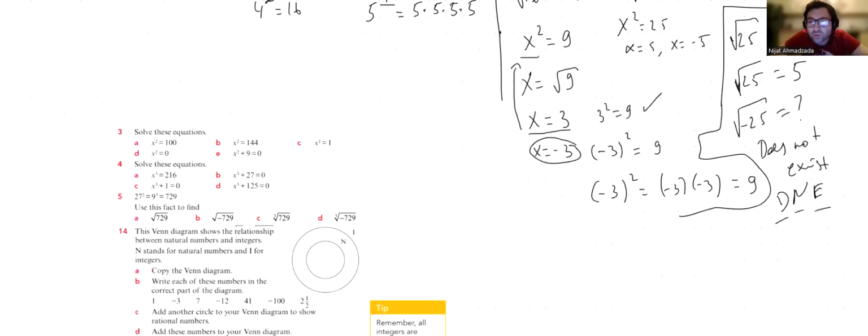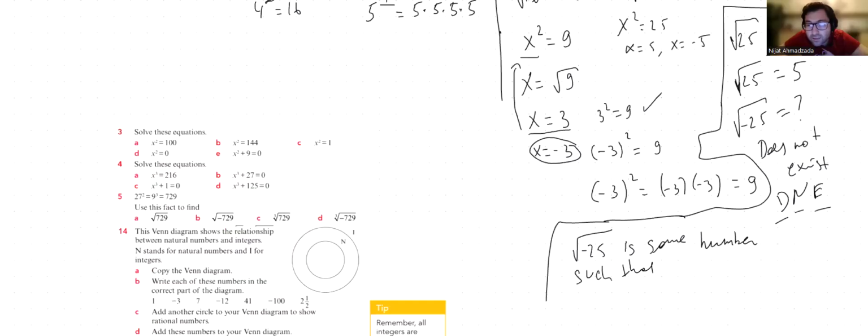Because the square root of negative 25 is some number such that its square is negative 25.